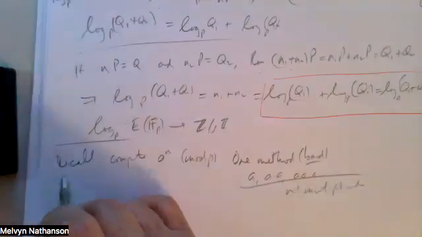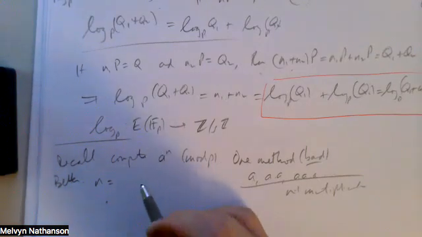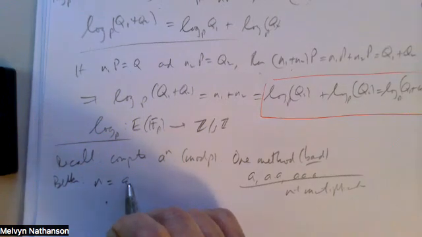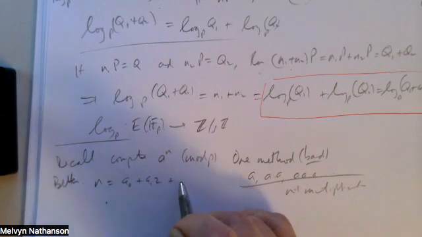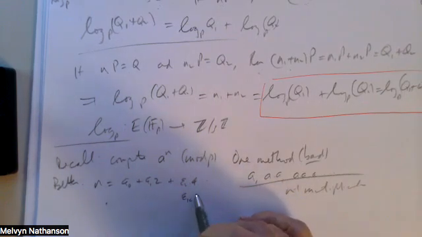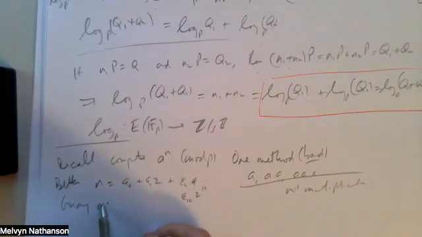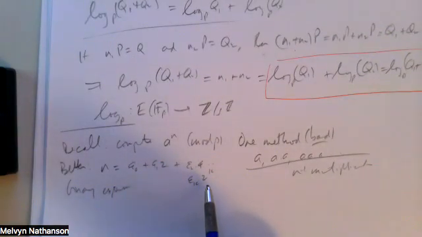So this is bad. What is better is to take n and express it in binary. Epsilon 0 plus epsilon 1 times 2 plus epsilon 2 times 4, up to epsilon k times 2 to the k. Write the binary expansion. And how many terms are there? Well, if 2 to the k is bigger than n, then the coefficient is going to be 0.